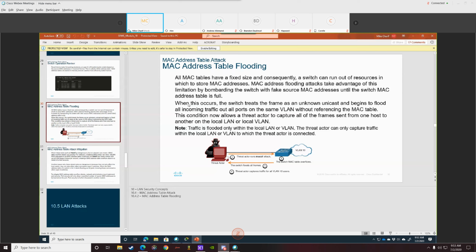And that's what they're saying here. When this occurs, the switch treats the frame as unknown unicast and begins to flood all incoming traffic out all ports on the same VLAN without referencing the MAC table. This condition now allows a threat actor to capture all of the frames sent from one host to another on the local LAN or local VLAN.